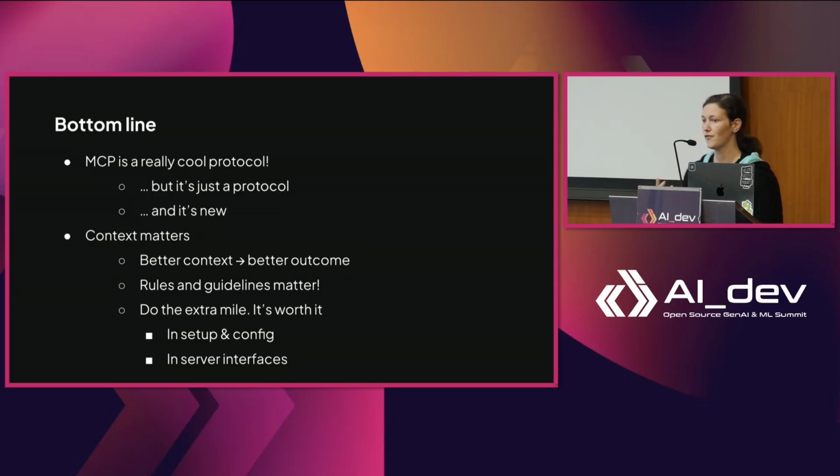If you just move from PyCharm or VS Code to Cursor, it's going to be cool. But if you actually spend a little more time in gathering the right context and setting the right rules in place, the outcome is going to be much, much better and much more consistent around the different engineering organizations that you work with.